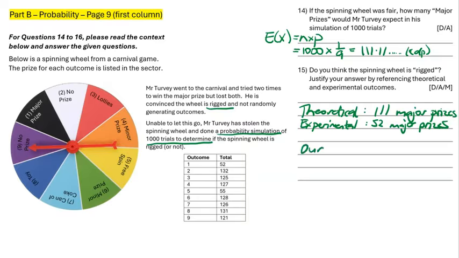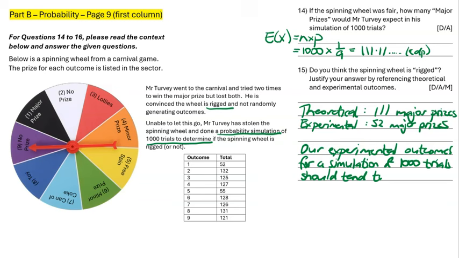So our experimental probability, or our experimental outcomes for a simulation of 1,000 trials should tend towards the theoretical outcome with small differences for sampling variation.